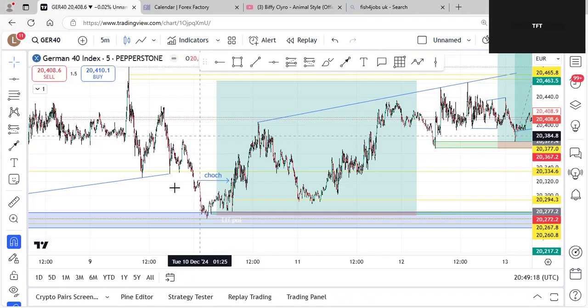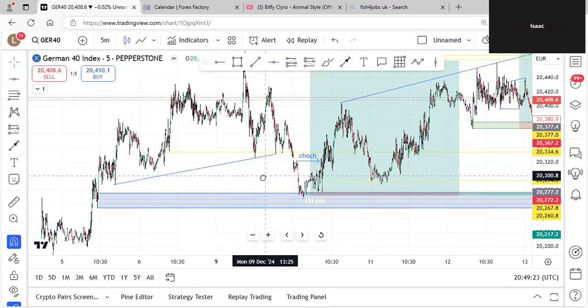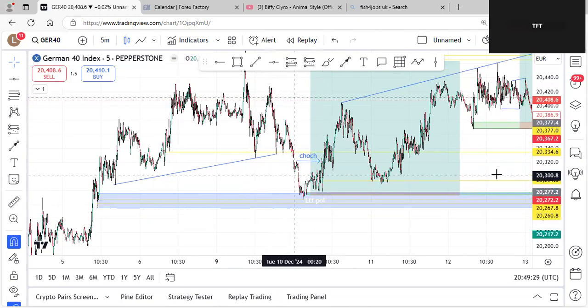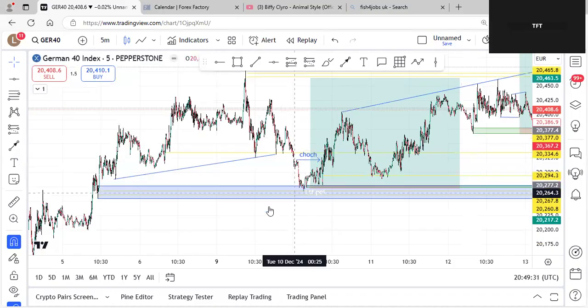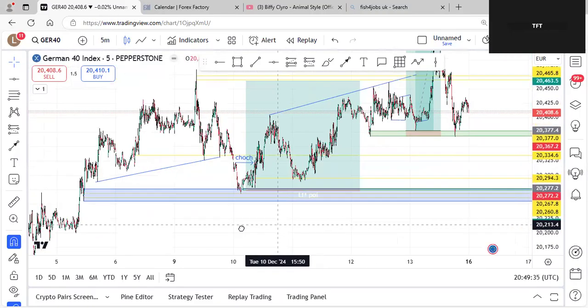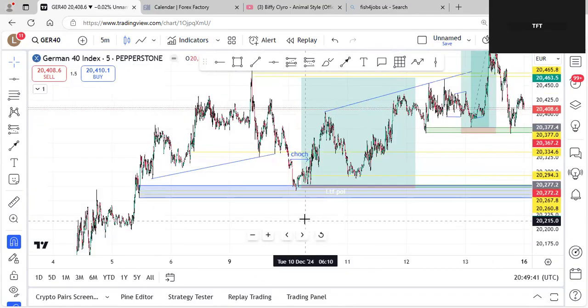Adidas and Volkswagen and Mercedes and BMW, and SAP's the biggest company. Siemens are big in it. But at the minute it's becoming possibly one of my favorite pairs because it seems to give a good one every 2 or 3 days.